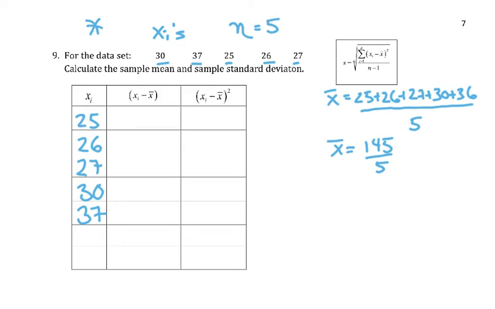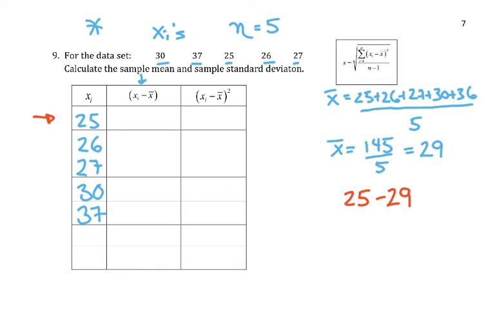So that means the mean is 29. Now, in this column, we take each observation over here and subtract the mean. So, for example, in here, I'm going to do 25 minus 29. So what will that be? That's -4, right?